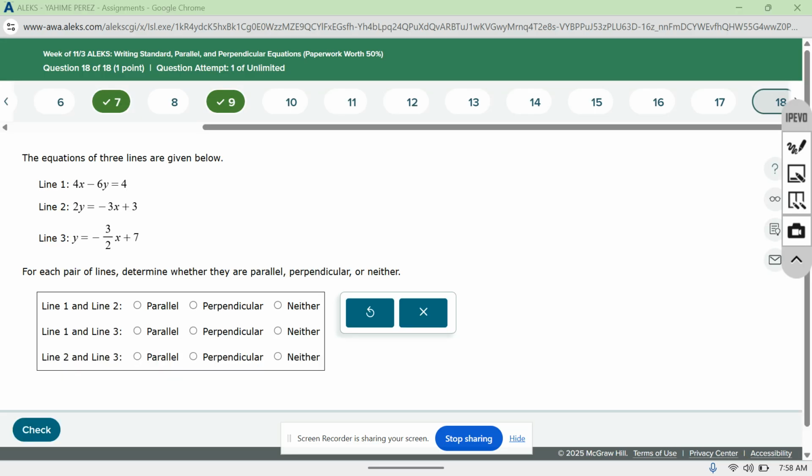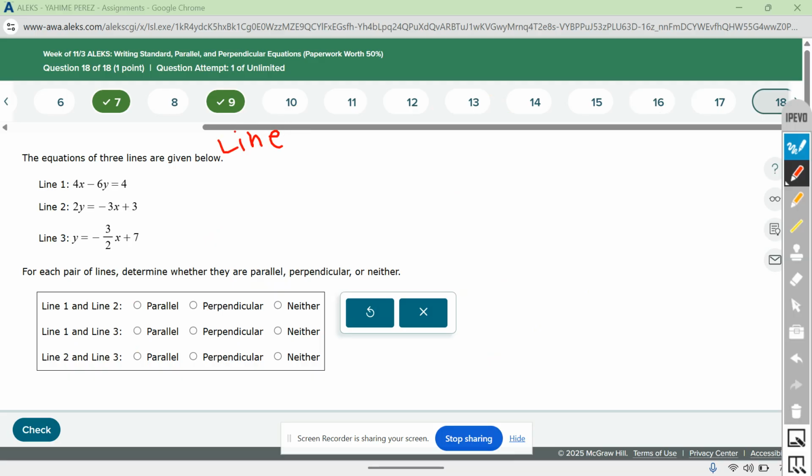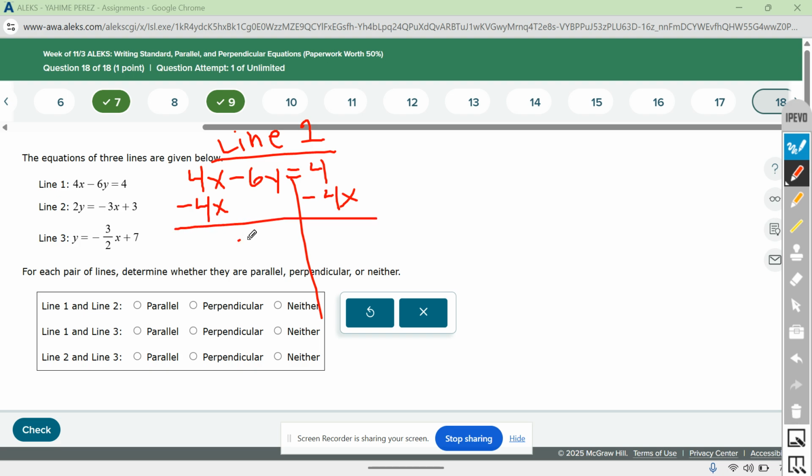Same thing. So we're just getting all of these equations into slope-intercept form. So we're just solving for y for all of them. Okay, so we're going to move the x. And we're going to do the great divide. We're going to divide everything by negative 6.